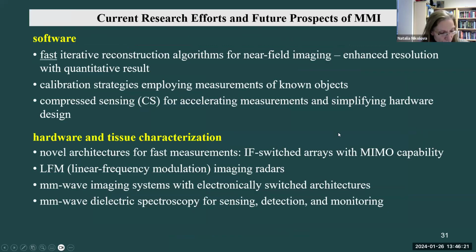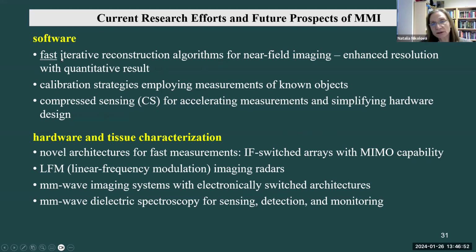And so to summarize, there is a lot of research effort currently on millimeter wave and microwave imaging, as well as sensing for biomedical applications. And a lot of effort is currently devoted on developing software tools, particularly, obviously, reconstruction algorithms, in particular, fast quantitative methods.